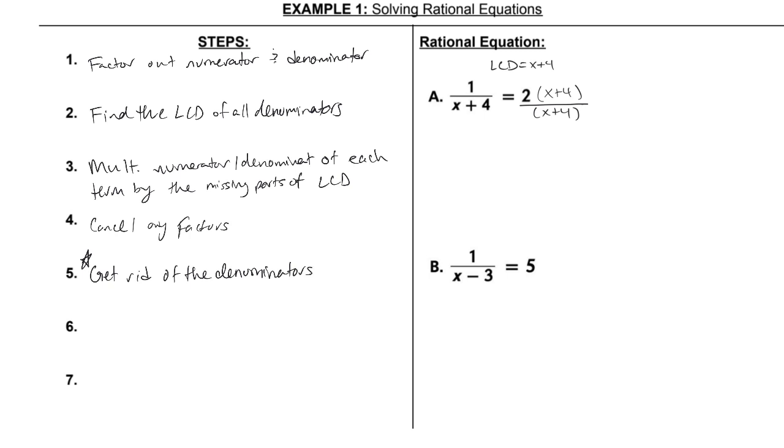We're only going to set this equation up as 1 equals 2 times x plus 4. The denominators are the same, so we don't need them to solve for x. Then, we're going to simplify and solve for the variable.